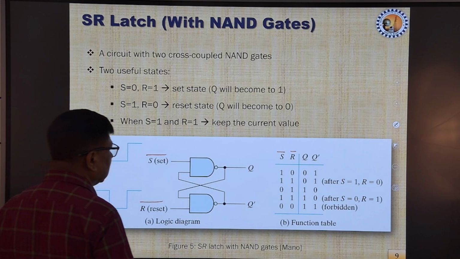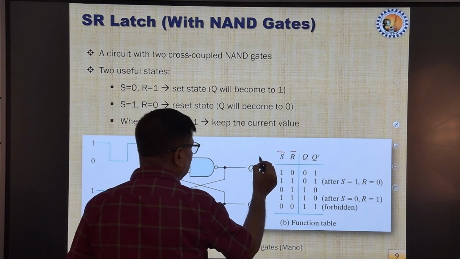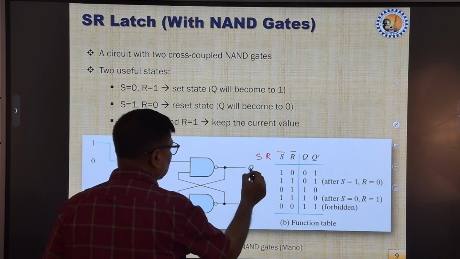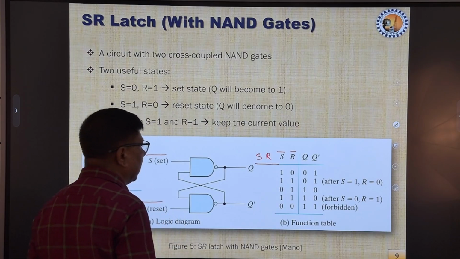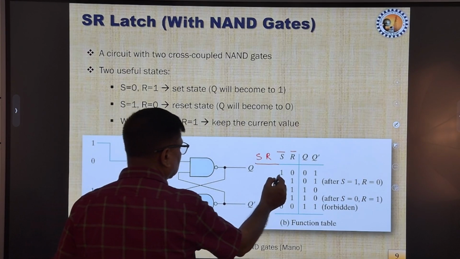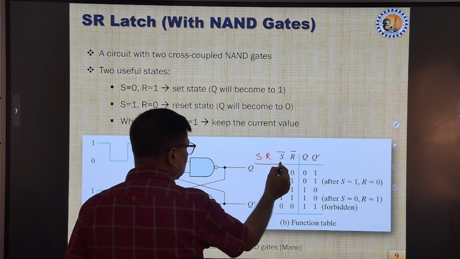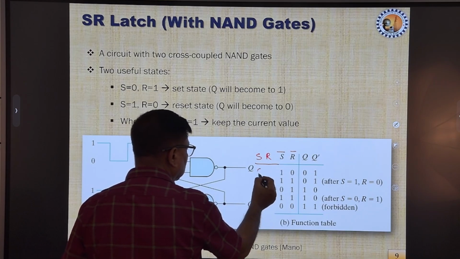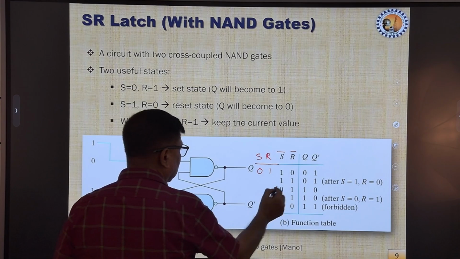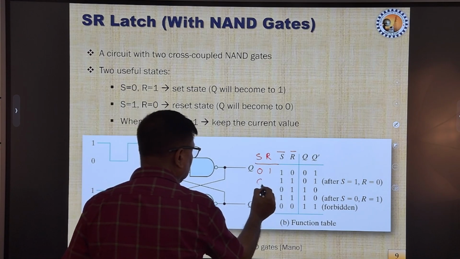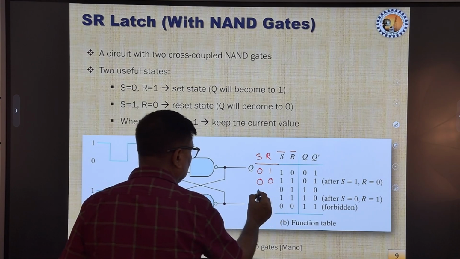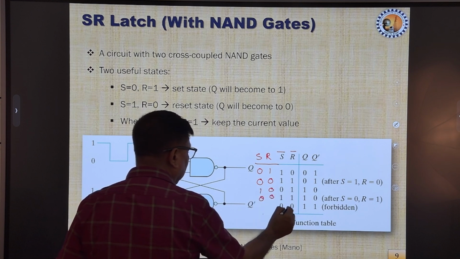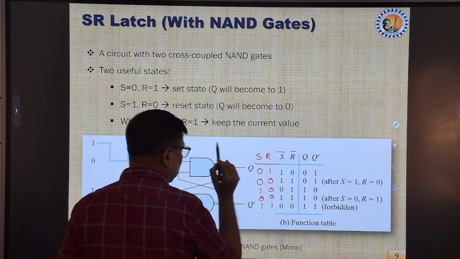And over here, now that S bar and R bar are there, we can draw S and R for this also, and we can add that just opposite of this, when S bar is 1, R bar is 0, obviously S will be 0 and R will be 1. Here 1 1 means it will be 0 0, 0 1 means 1 0, 1 1 means again 0 0, and this 0 0 means it is 1 1.